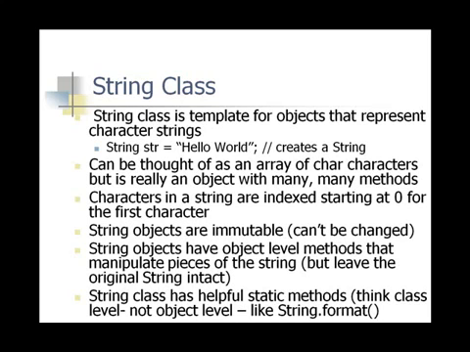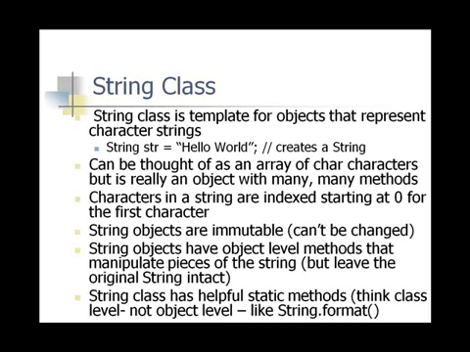We can think of it as an array of characters, but really it's an object because it has many methods. It's not a null terminated array of characters as it is in some languages. When we think of characters in a string, we will think of their position. We have to remember that strings are indexed starting at 0.